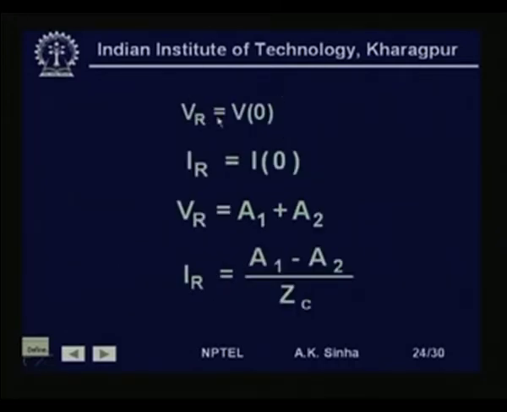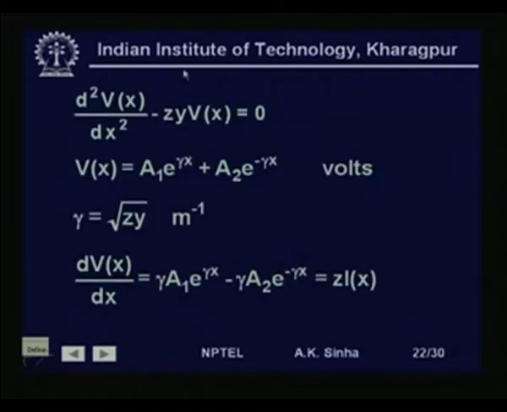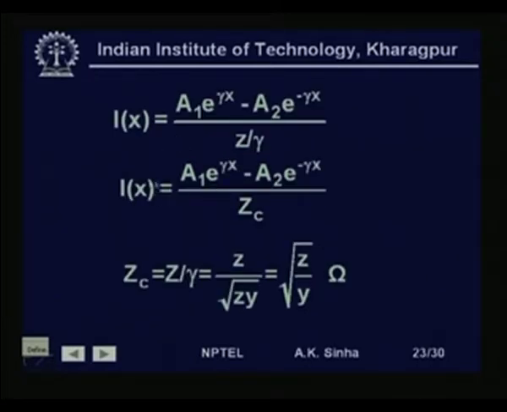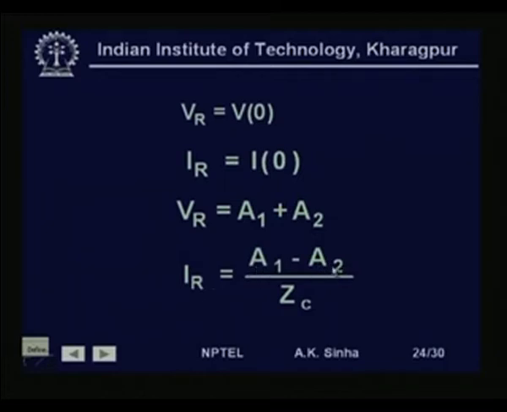Here, using the boundary condition, that is at x is equal to 0, V(x) is equal to Vr. So, V at 0 is equal to Vr, and I at 0 is equal to Ir. Therefore, Vr will be equal to a1 plus a2, that is, if we substitute x is equal to 0 in this relationship, we get V(0), which is equal to Vr, is equal to a1 plus a2, as these exponential terms will become 1. So, Vr is equal to a1 plus a2, and again substituting x is equal to 0 in I(x), we get Ir is equal to a1 minus a2 by Zc.